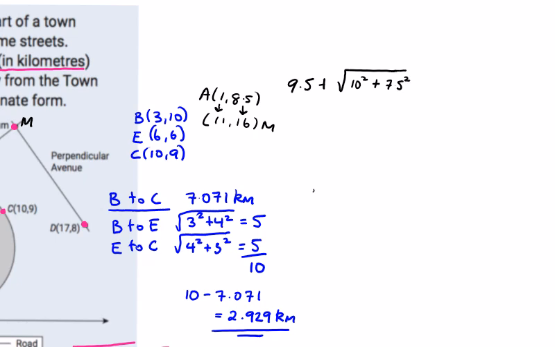So type this into a calculator. This gives 12.5 plus 9.5. So that's going to give 22 kilometers. And that's K.